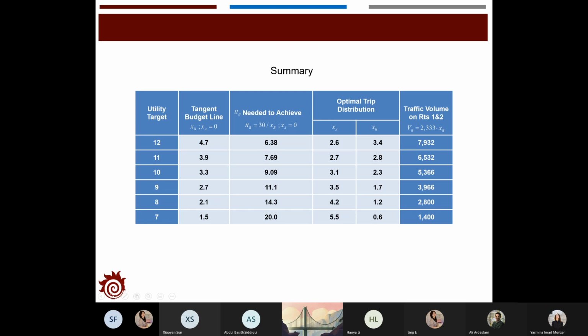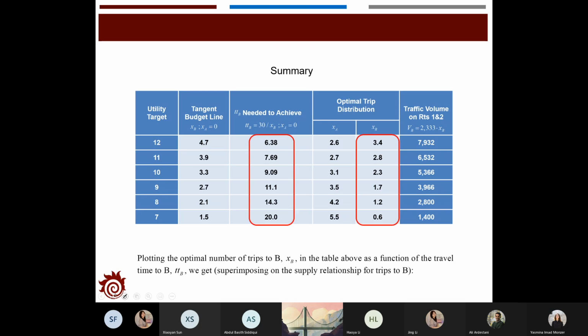In this table, we have the budget line, and it shows the intercept at XB, and you use this equation to calculate the value of the travel time from A to B. That is TTB equal to 30 divided by XB.